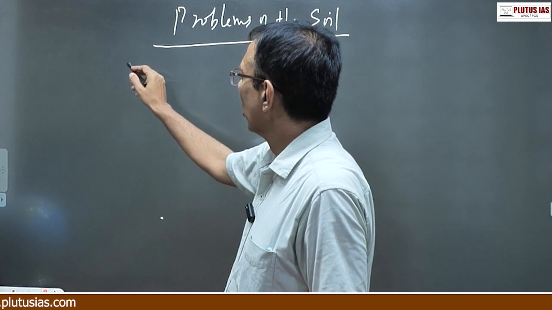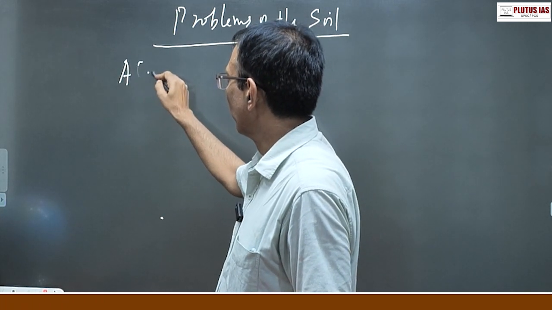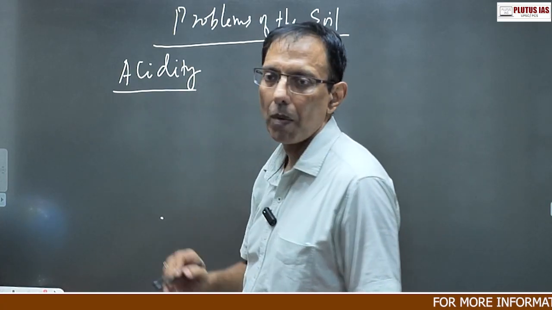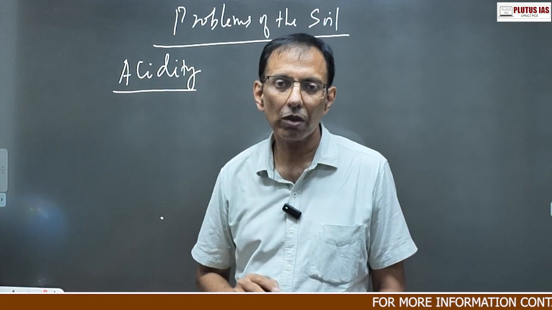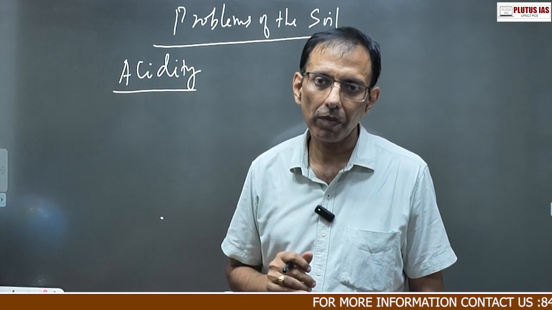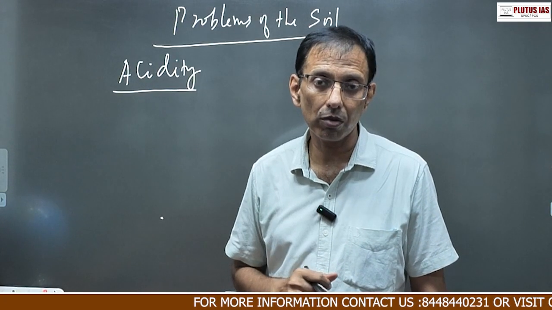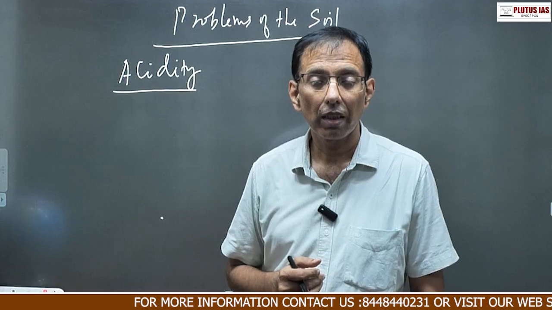So see here, acidity. First of all, if you see the soils of northeast part of India and the region where there is more and more precipitation, soil is becoming acidic.